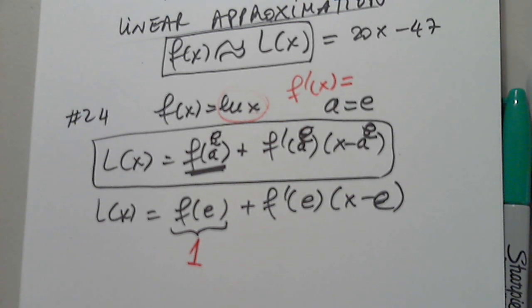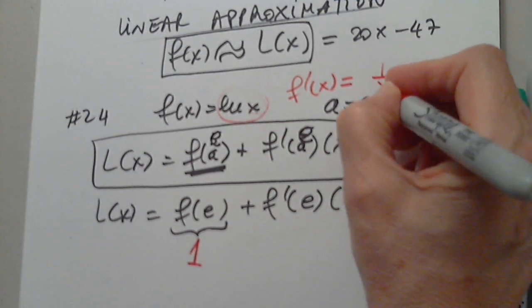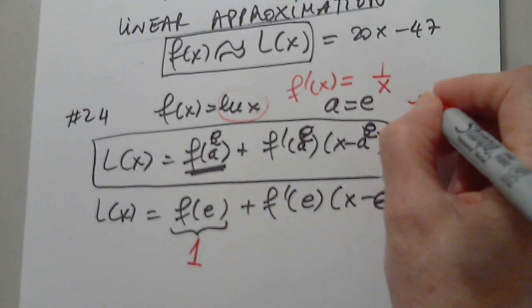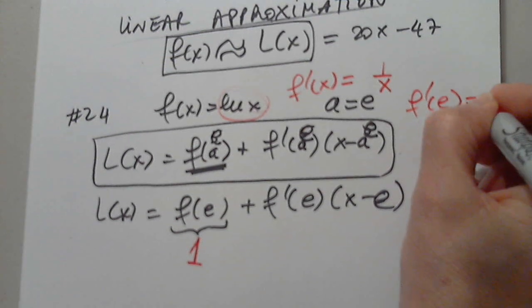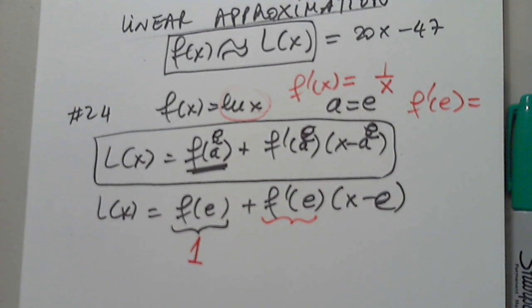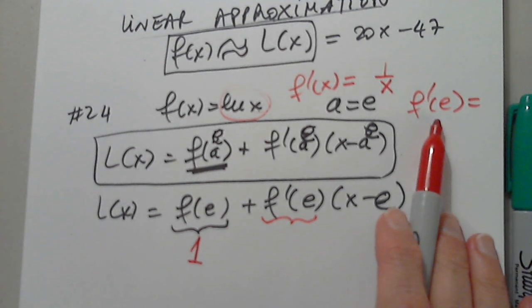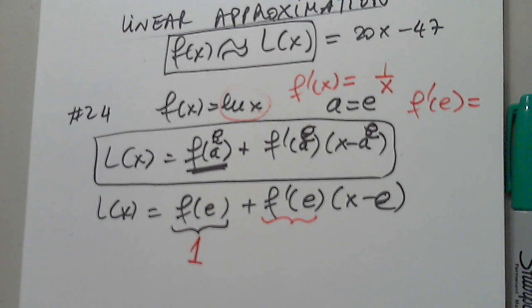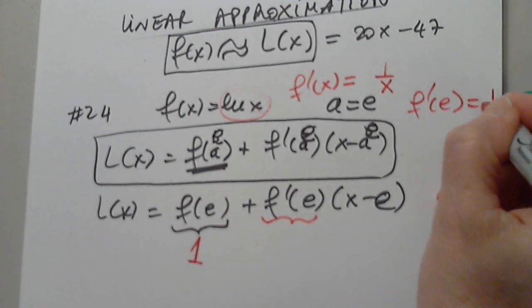What does it equal to? 1 over x. 1 over x, brilliant. Now, can anyone tell us what is f prime of e? Because I have to put it here. And it's done. How much is f prime of e? 1 over e. Exactly, excellent.